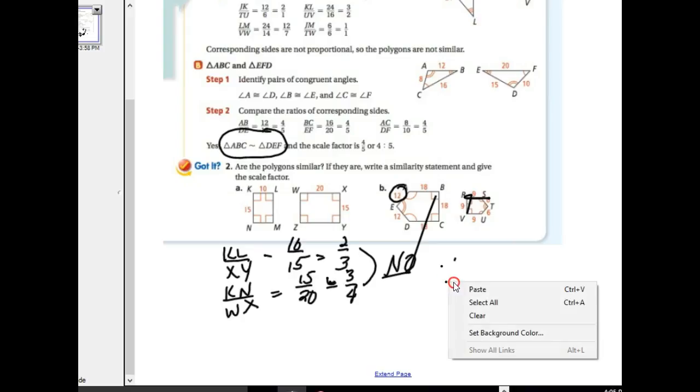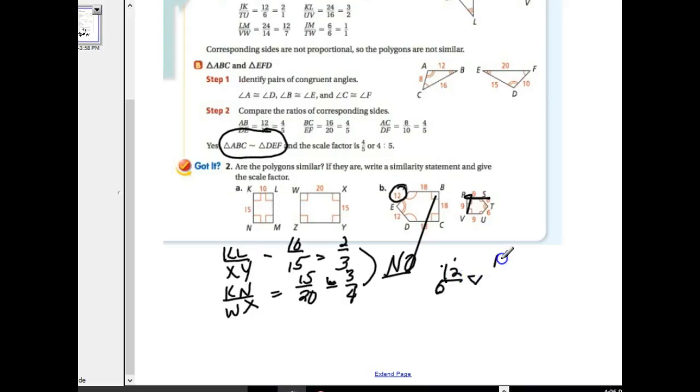We've got 12 over 6 comparing with the other 12 over 6, and then let me erase this so we can see it. It will compare 18 to 9.